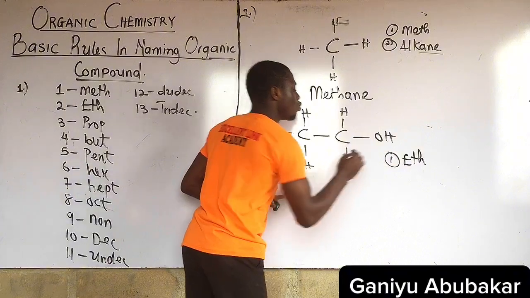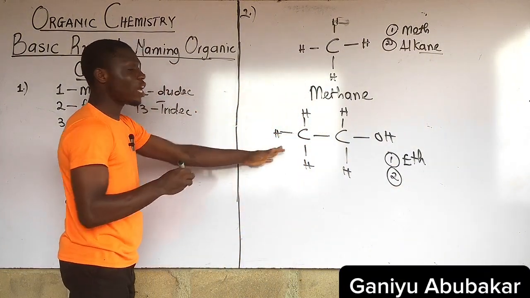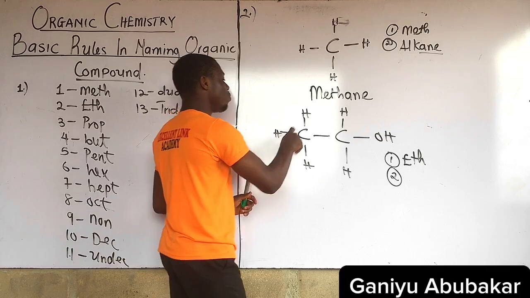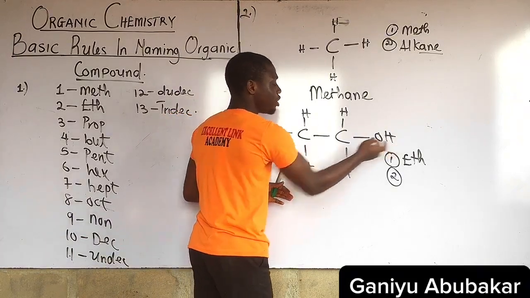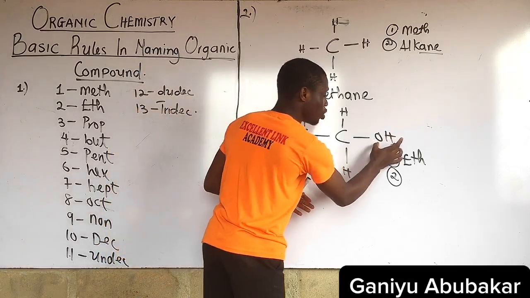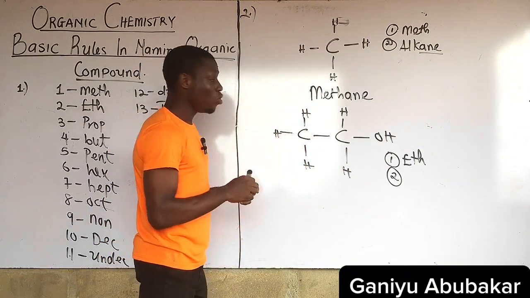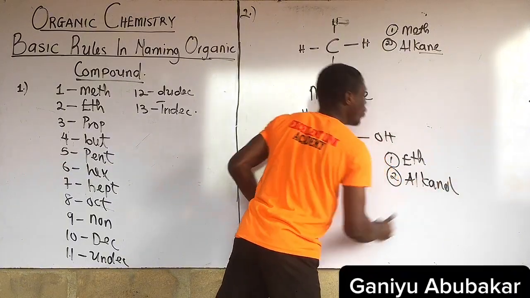2 carbon atoms. Rule 2 says identify the functional group. What's the functional group here? Of course, I'm seeing a single bond, but aside from the single bond, I'm seeing OH. So there's a functional group that represents OH. That's alkanol.